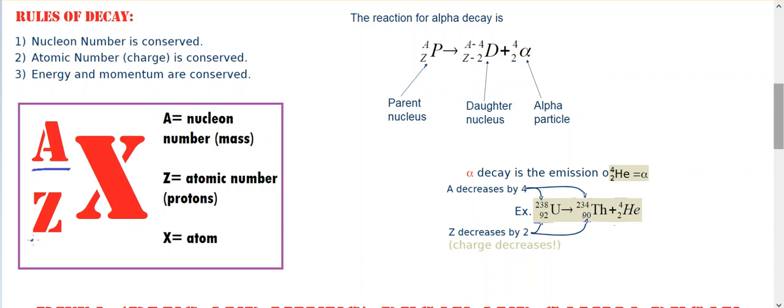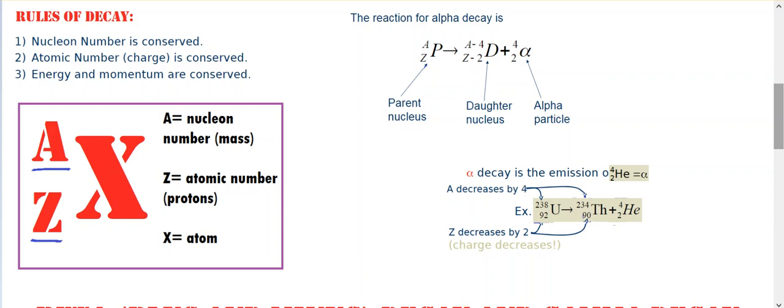So your letter Z is conserved. You can think of this as the atomic number that you identify atoms or elements with on the periodic table. And the last rule is that energy and momentum are conserved. This rule will fall in with beta and gamma radioactivity.